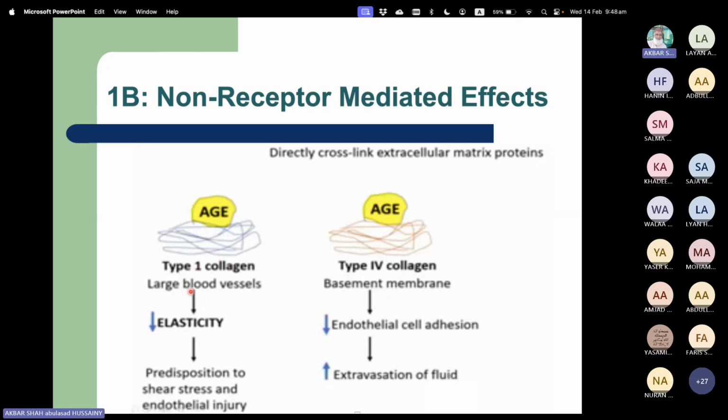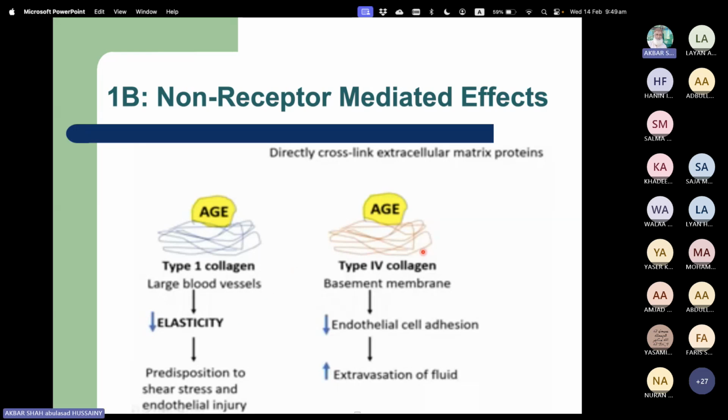When AGE combines with type 1 collagen, the large blood vessels lose their elasticity. Normally they are elastic. The elasticity decreases and predisposes them to more injury, more hypertension, etc.